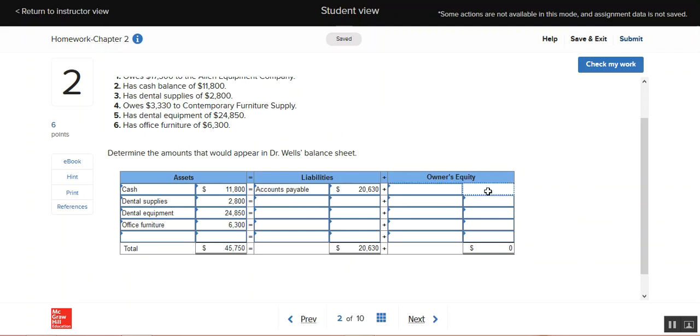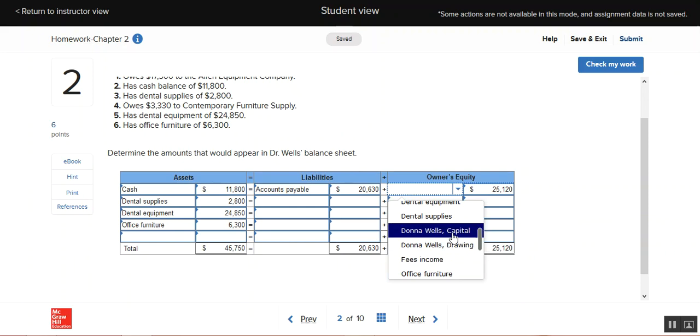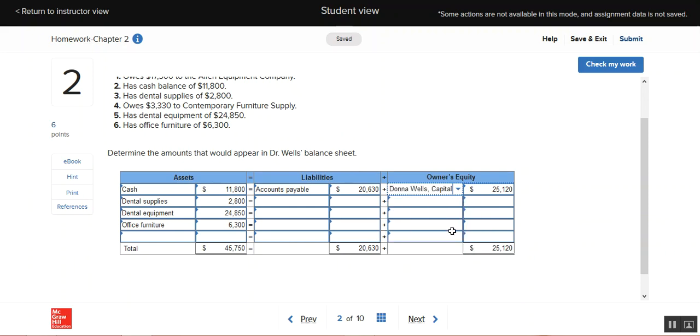So if you take the $45,750, subtract out the $20,630, gives you $25,120, and that's the amount that it's going to take to have these two totals be equal to the total on the left-hand side of the equal sign. And we're talking about owner's equity, and so it would actually be the name of the owner and then the word capital. That's the amount that she actually has as far as her value in the company.